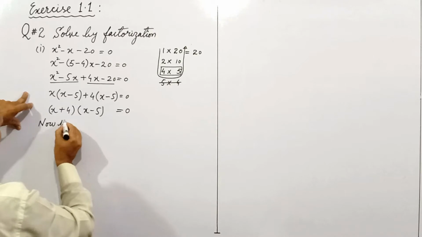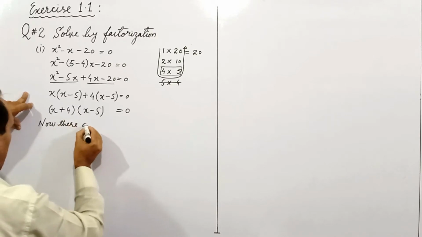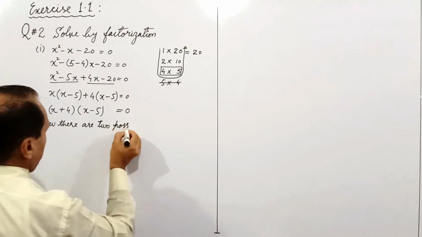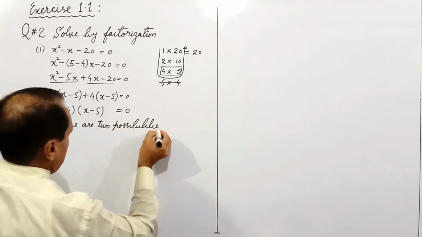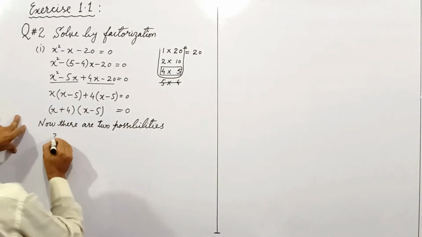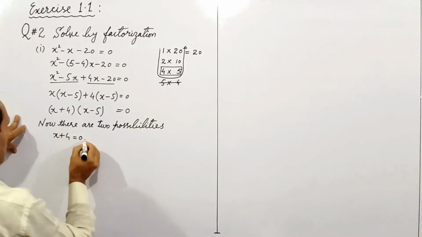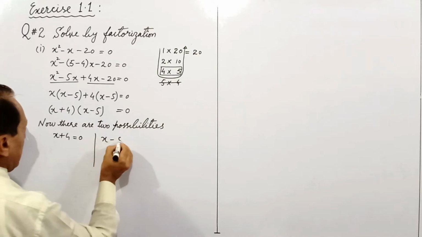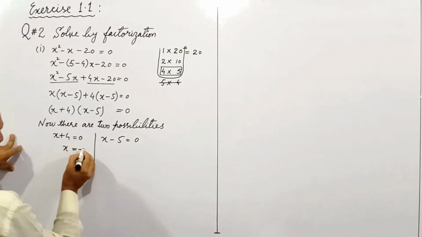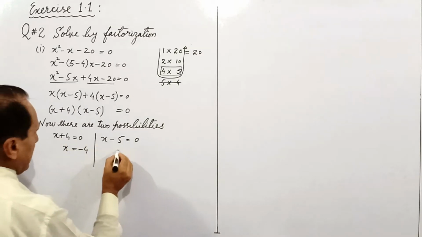Now there are two possibilities. x plus 4 is equal to 0 and x minus 5 is equal to 0. x is equal to minus 4, as 4 is taken to the right hand side.